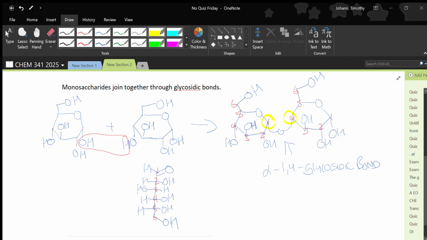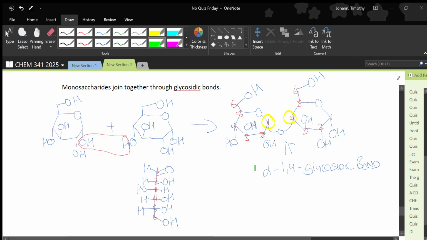Okay, so this is the bond you see. This bond is used in energy storage molecules. We'll say polymers.